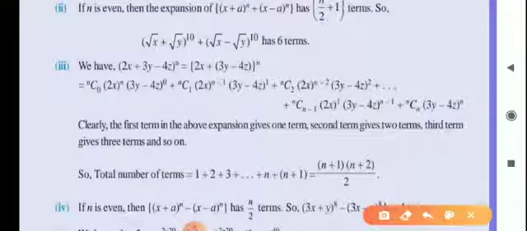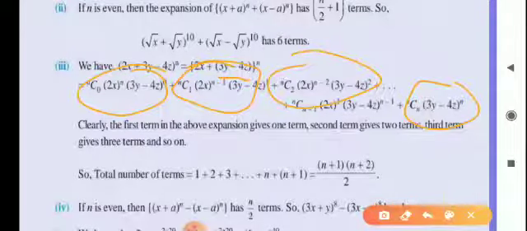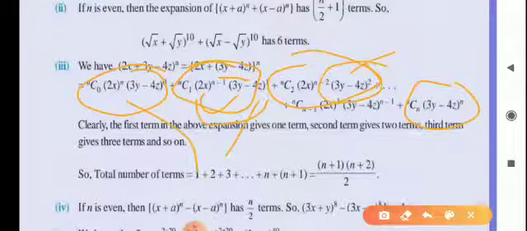Okay, so concentrate on this one. So if you see this one, 3y minus 4z is considered as one term. So this is the first term, this is the second term, this is the third term, this is the nth term, like this way, NCN. And from here you will get one term, and when you multiply it with 2x, in 3y and 4z you will get two terms. And if you open this 3y minus 4z whole square, you will get 3 different terms.